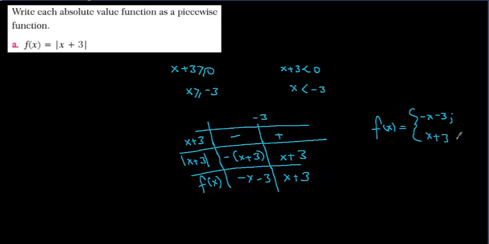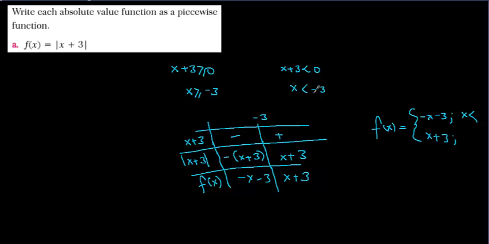Now I wrote two different functions. This seems like a piecewise, but I should mention the boundaries also. The boundary here is minus 3. I said the critical point is minus 3. That's why with respect to minus 3, we are going to use this one. When the values are less than minus 3, the function is negative, as you see here.